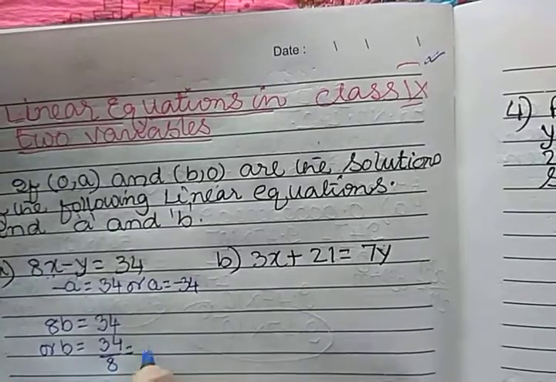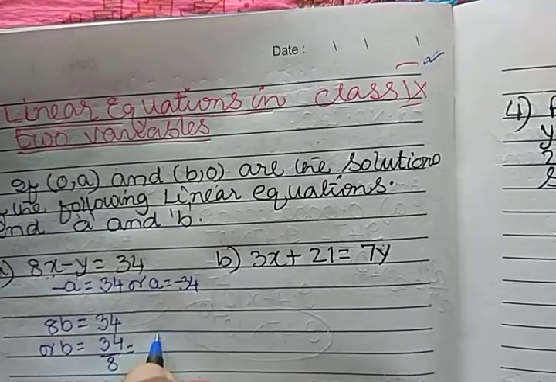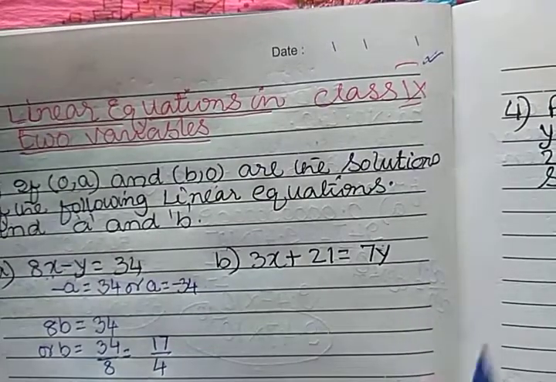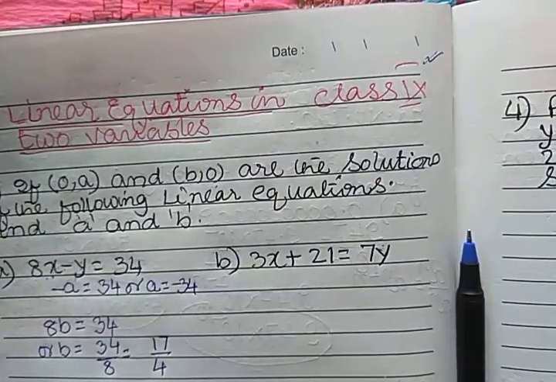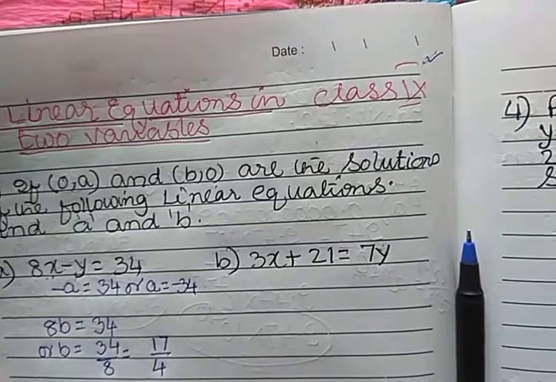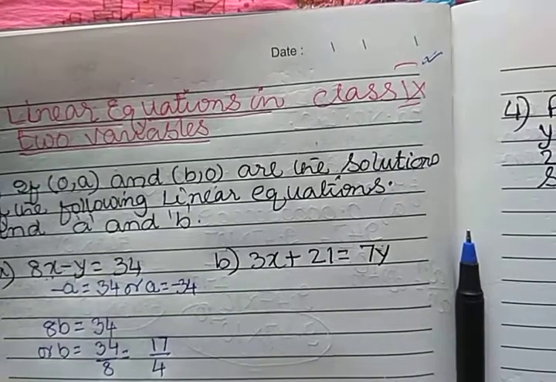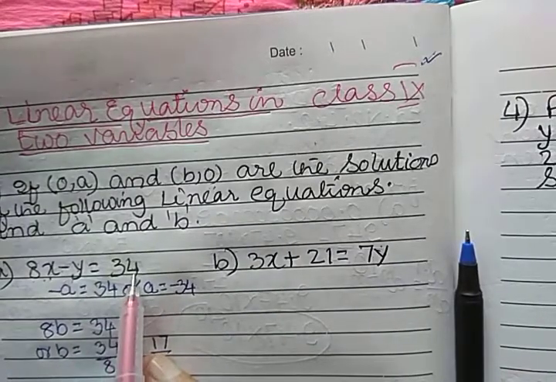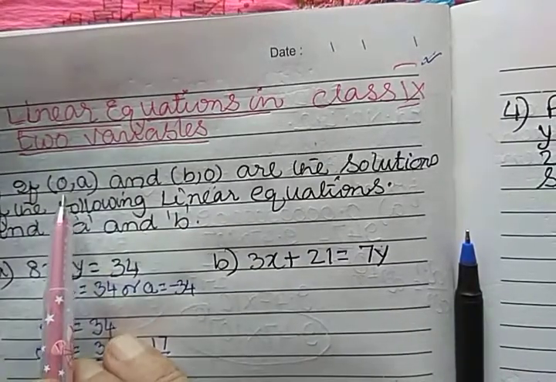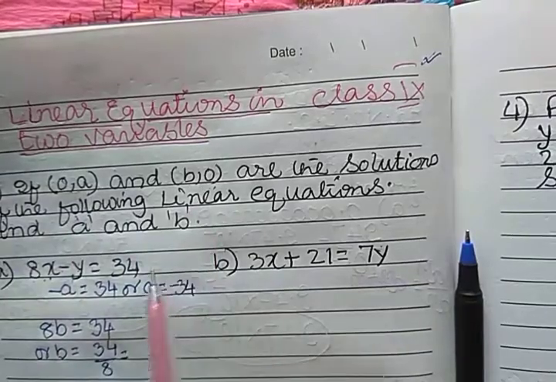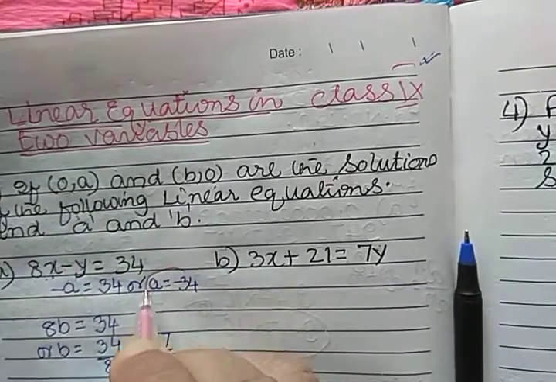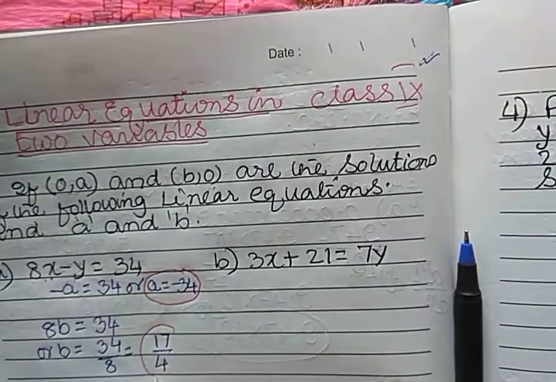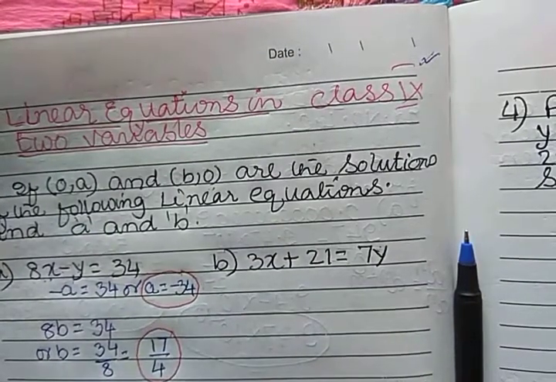If you reduce this, this becomes 17 by 4. So when you replaced the values in this equation, 8x minus y is equal to 34, by (0, a) and (b, 0), you got a is equal to minus 34 and b is equal to 17 by 4.